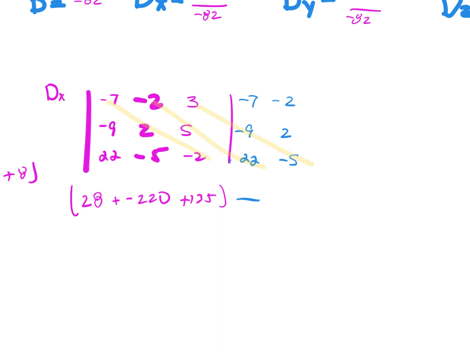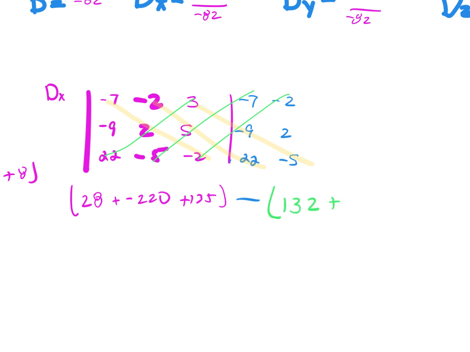So here, here, and here. Try this again, having Apple Pencil difficulties. So we go to 22 times 2 times 3 gives me 132.